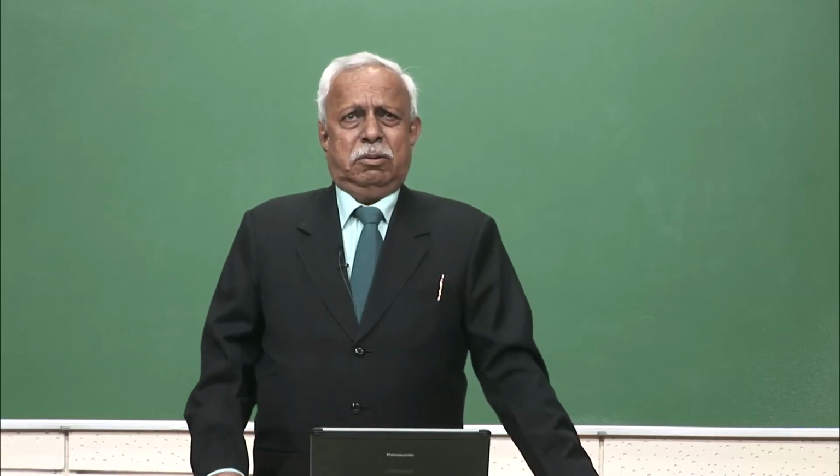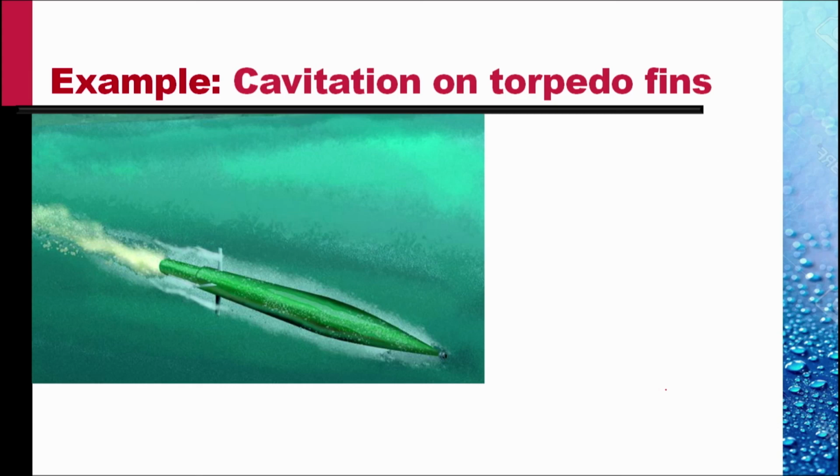Let's do one example: cavitation on torpedoes' fins. You see, when a torpedo is moving under sea, what happens is that on fins the velocity increases and so the pressure decreases. As the pressure decreases below the vapor pressure at that temperature, then a vapor bubble is formed.